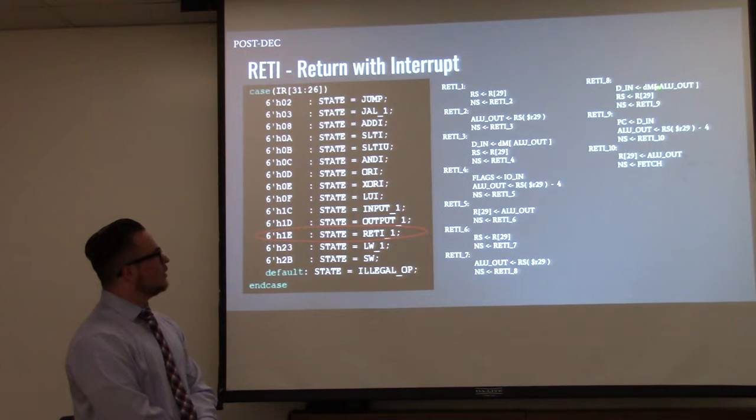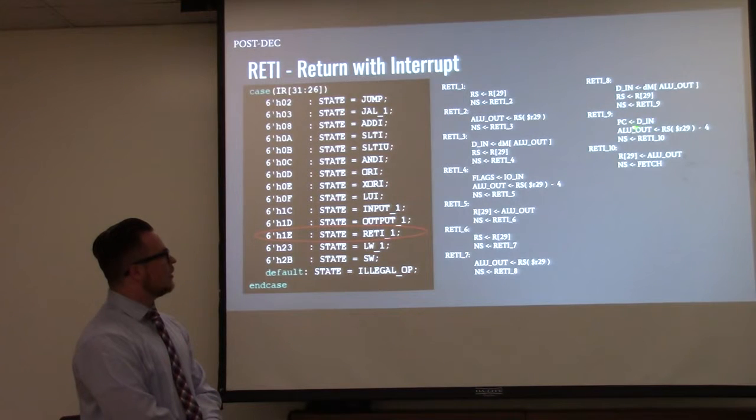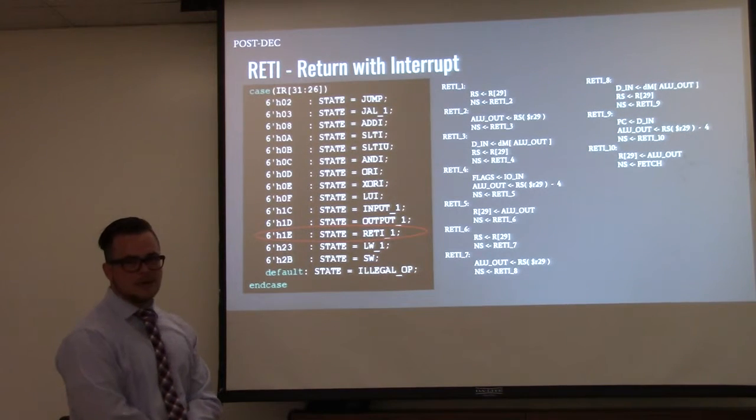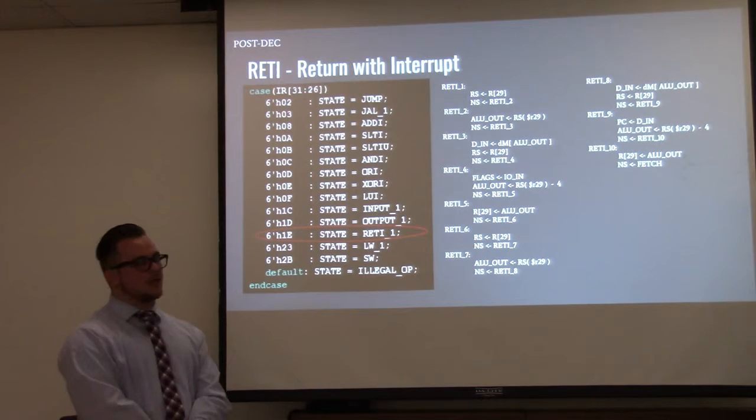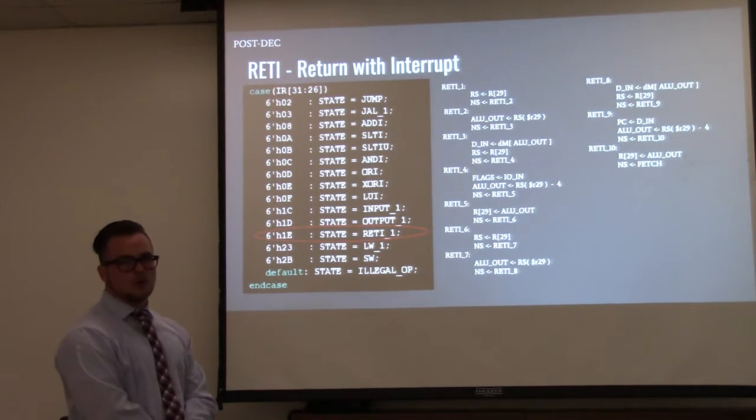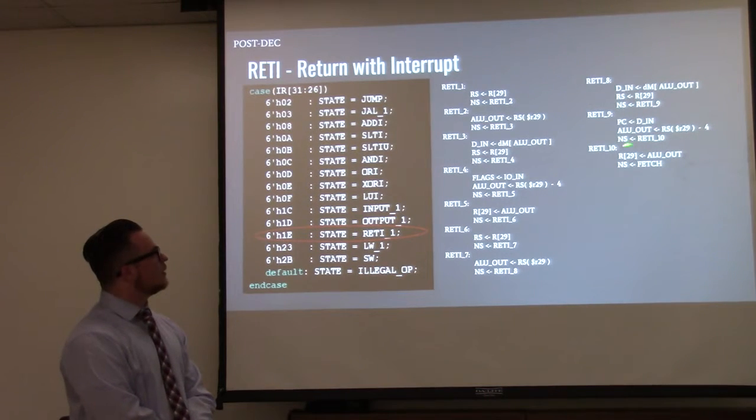We load in the stack pointer. The program counter input at the program counter mux brings in the stored program counter, and we decrement the stack pointer, which takes us back to the original stack pointer.